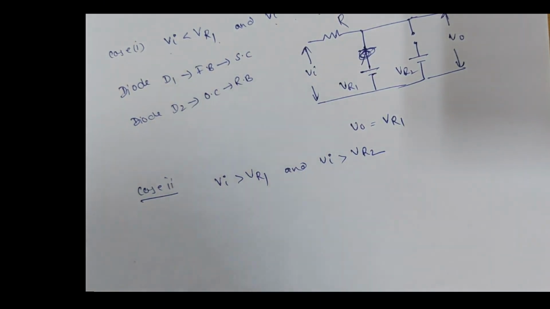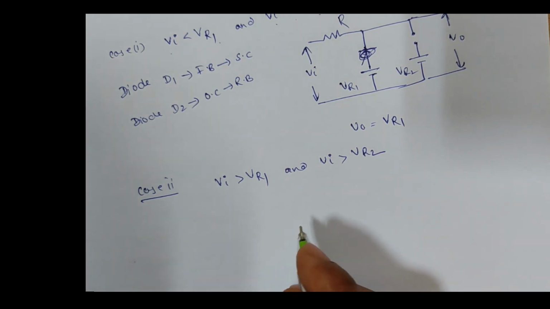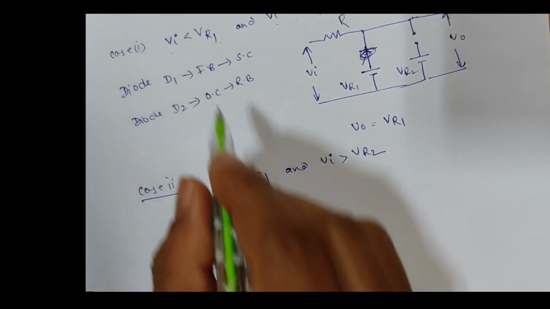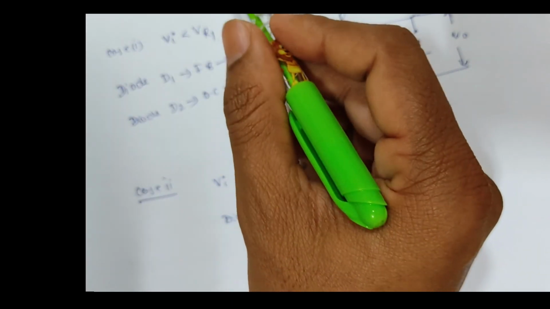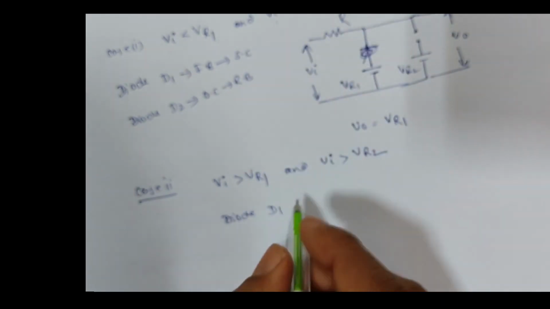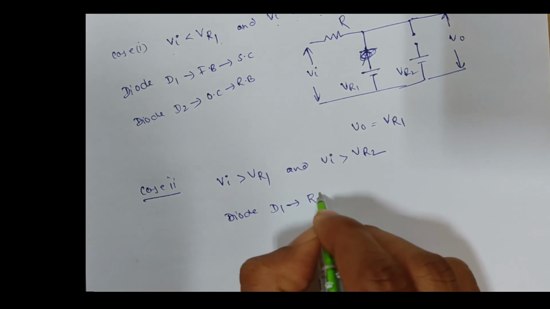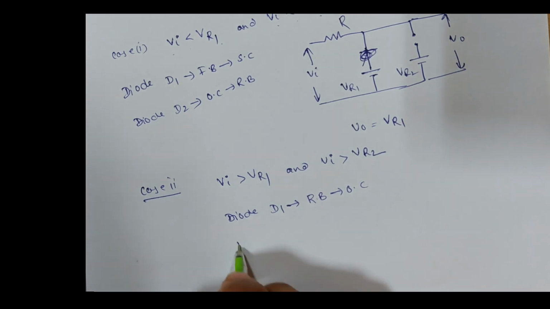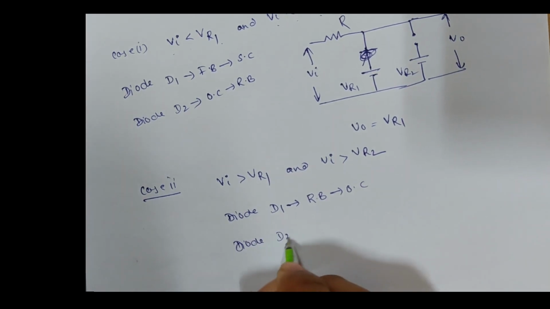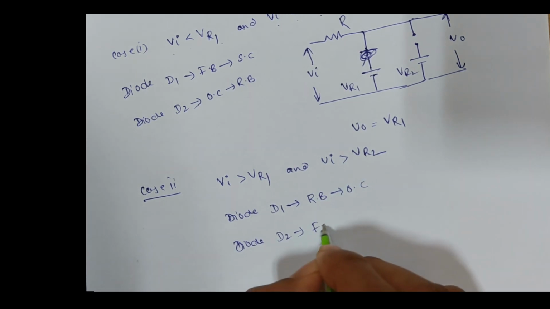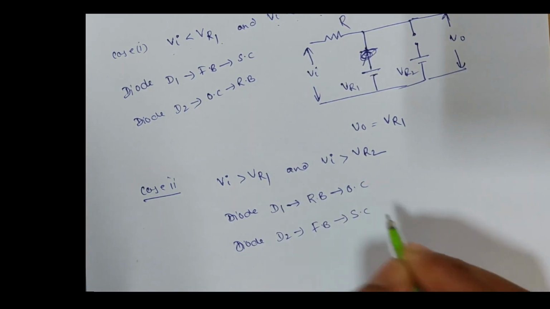Then diode D1 is in reverse bias. Why? Because the cathode potential is more compared to the anode potential. It is acting as open circuit. Diode D2: Vi is greater than VR2, so it is forward biased. It is acting as short circuited.